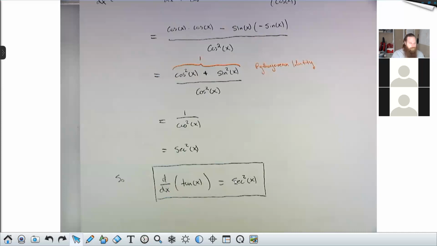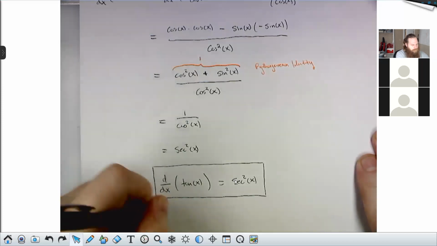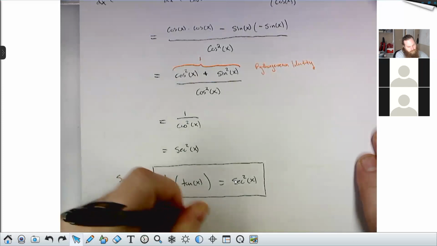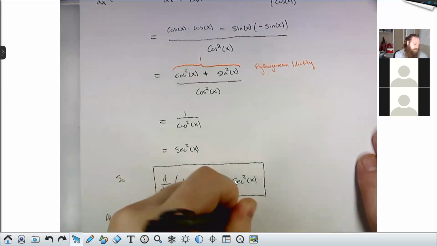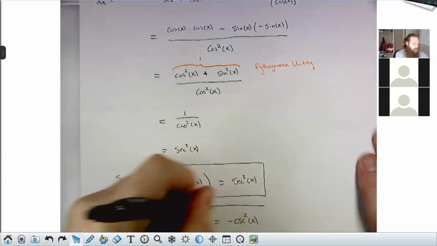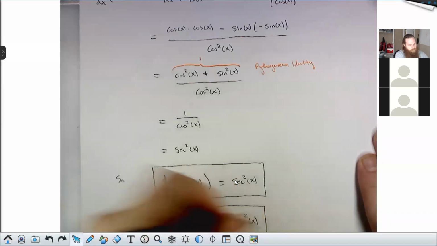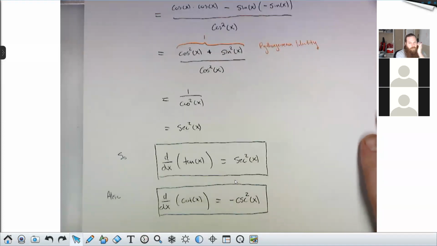I'll tell you cotangent. Because there's a kind of nice interplay here. There's a pattern between the derivatives of the functions and the derivative of their co-functions.